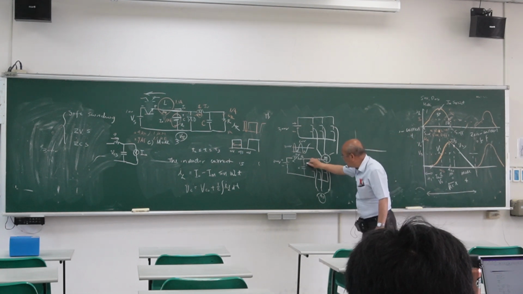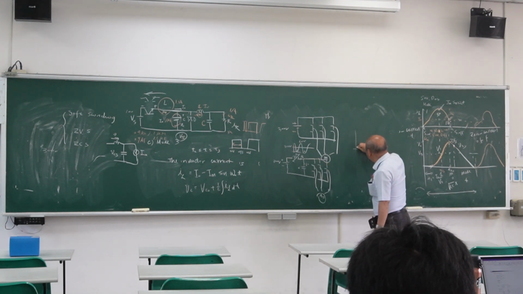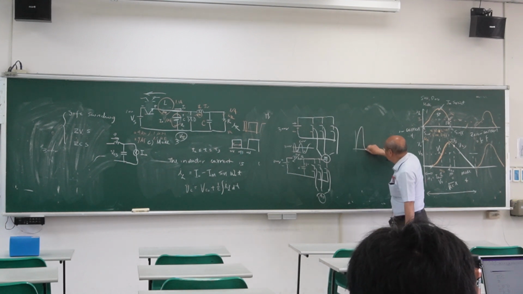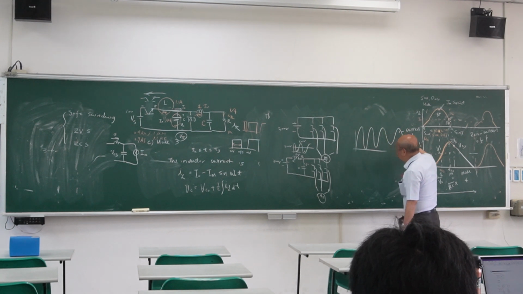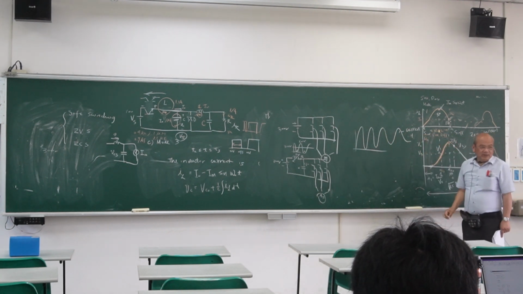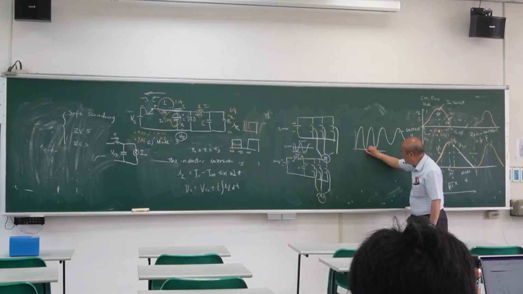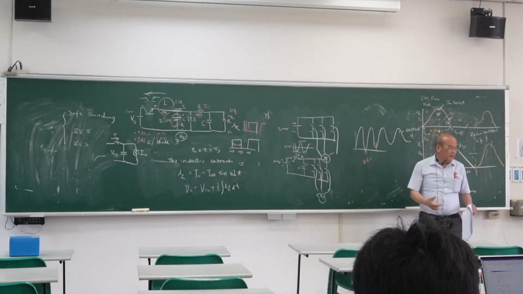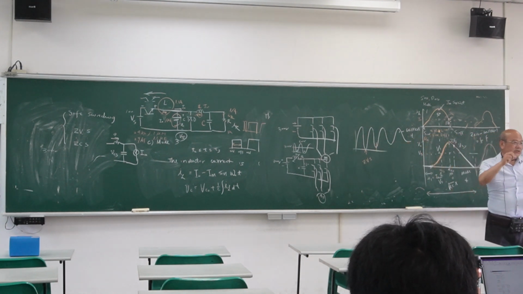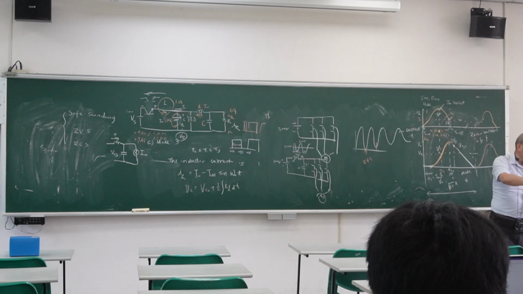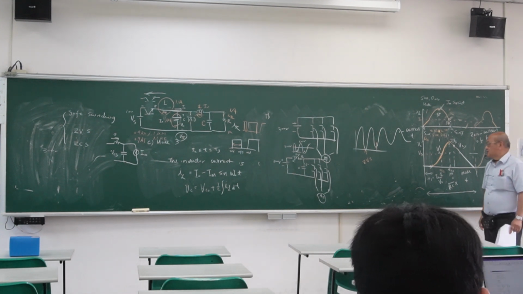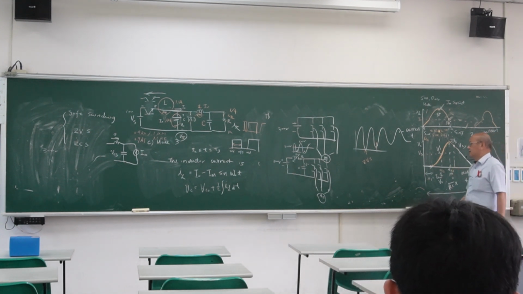You check the VC, then it is like this. It can oscillate. Then the next time becomes here, becomes here, becomes here, right? So at the first time, you can get 0 voltage. But the next time, no 0 voltage because you have damping, right?